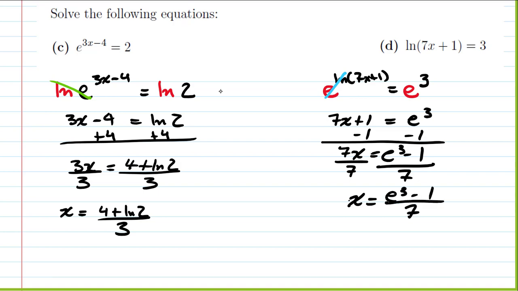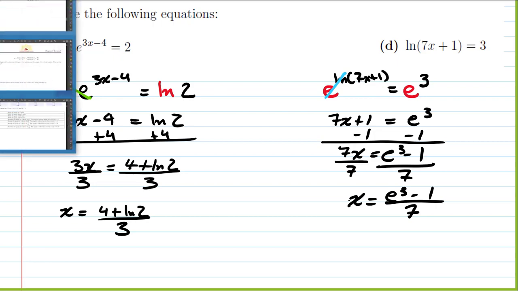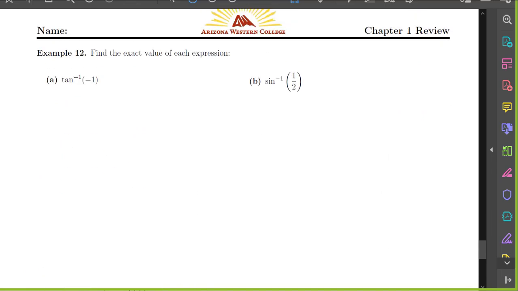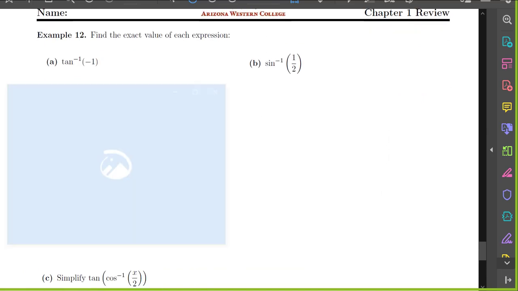And those are our two solutions to each of those problems. All right. Coming up on the last page, we have the following.